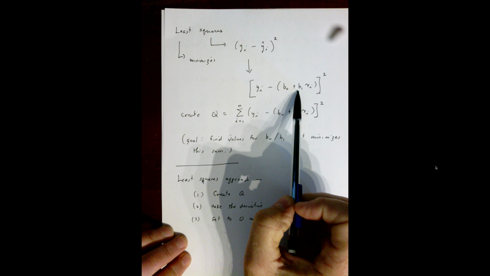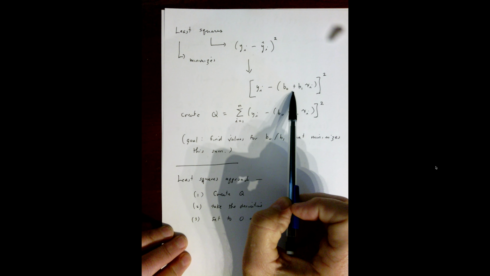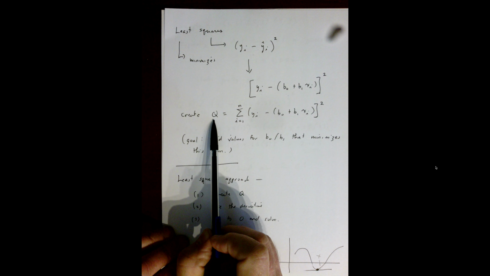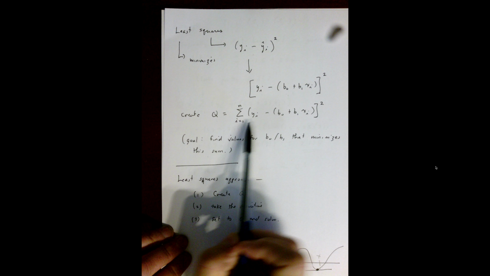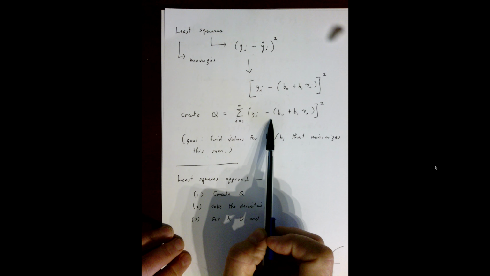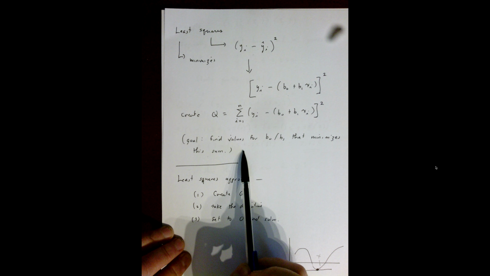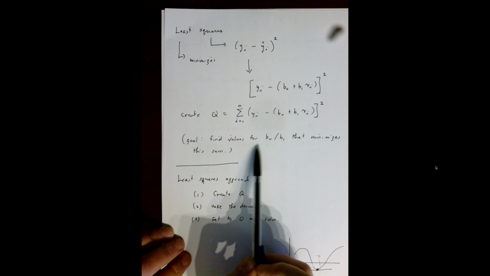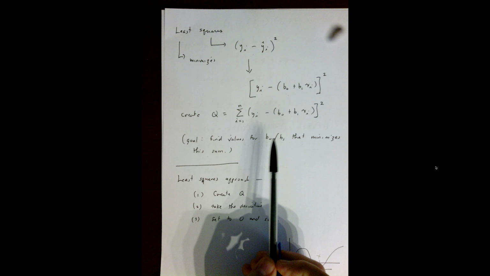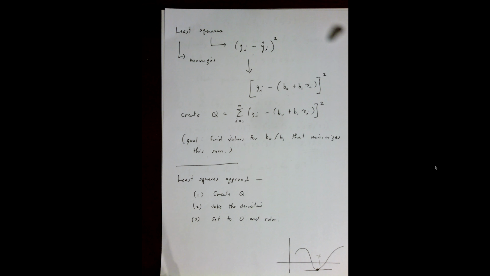So by substitution, we get the equivalent expression. From there, we're going to create a Q, which is going to be the sum of these deviations squared over our entire data set. So guys, the goal is going to be to find the values for B1 and B0, excuse me, that minimize the sum.